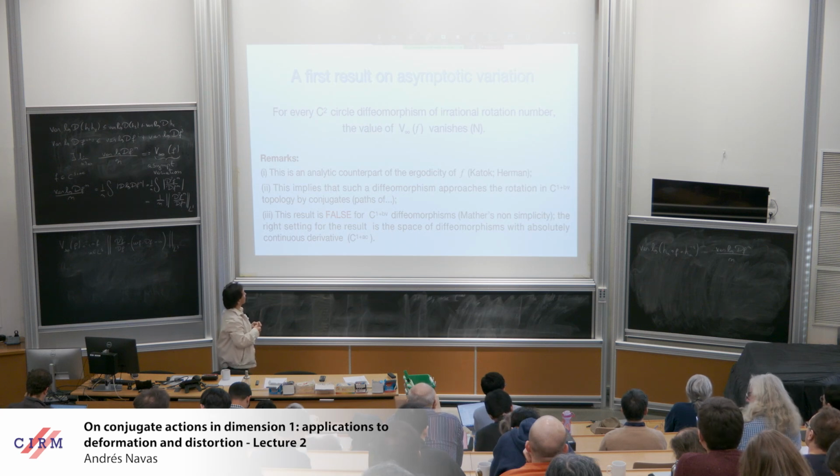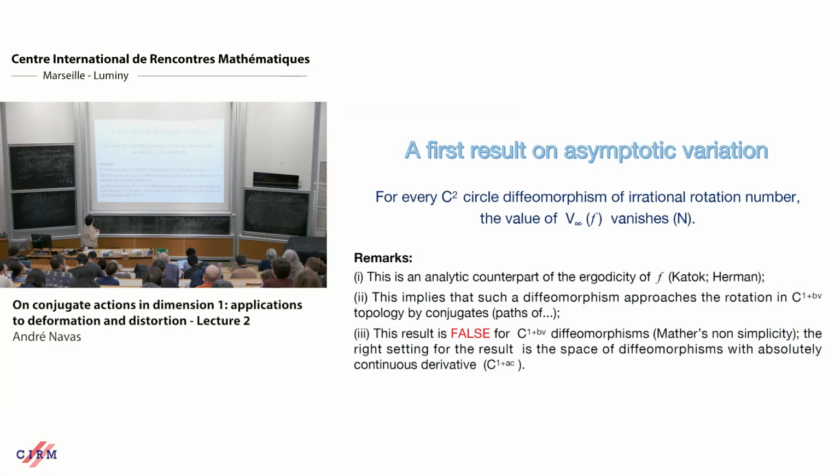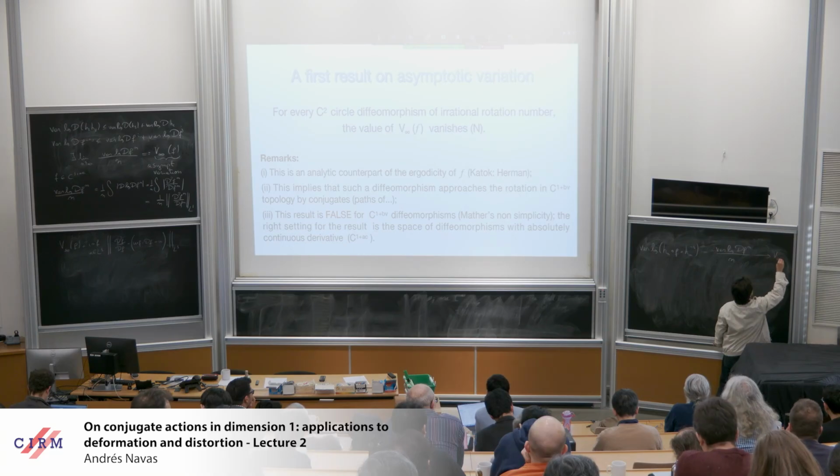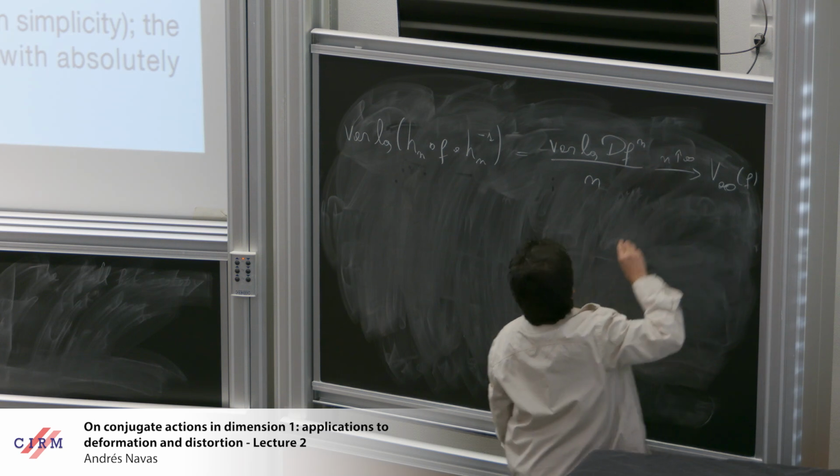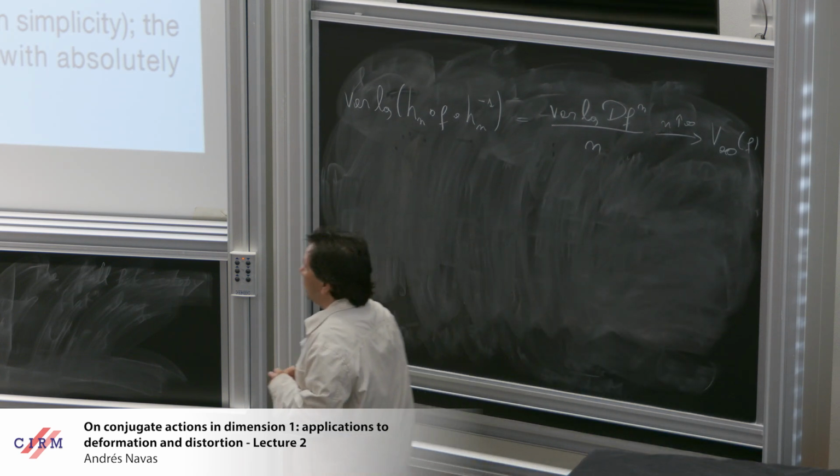Okay? So the key point is to know that actually the asymptotic variation vanishes.